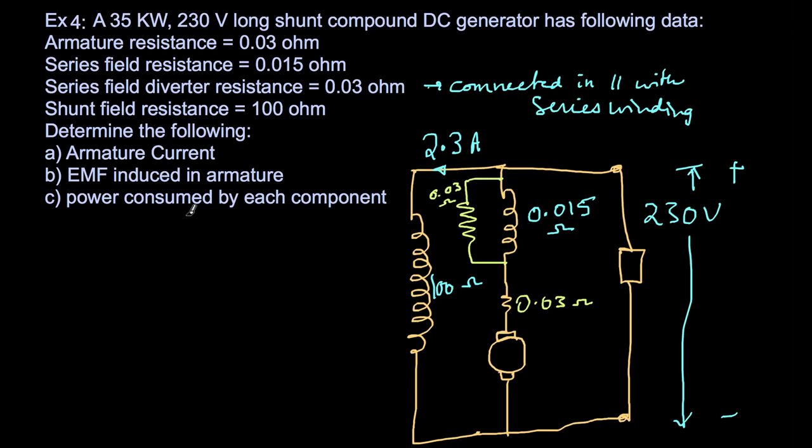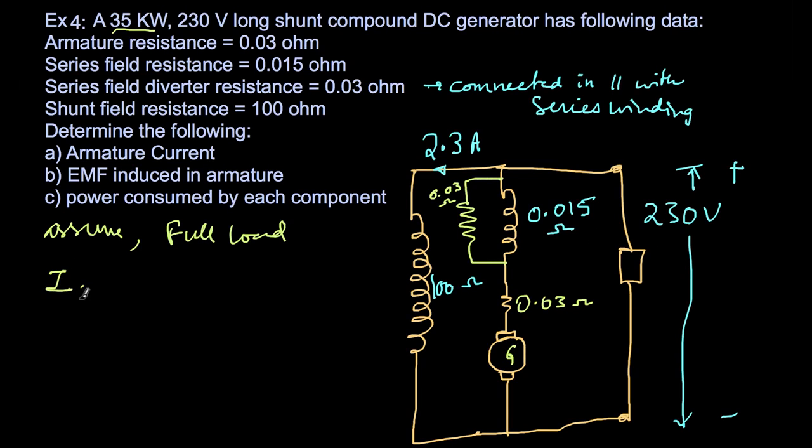Determine the following: armature current. I think the load information is not given. Since the rating is 35 kW, assume full load operation. If the generator is delivering full load, that means the output is 35 kilowatt. The input may be more than 35 kilowatt, but the output is that.